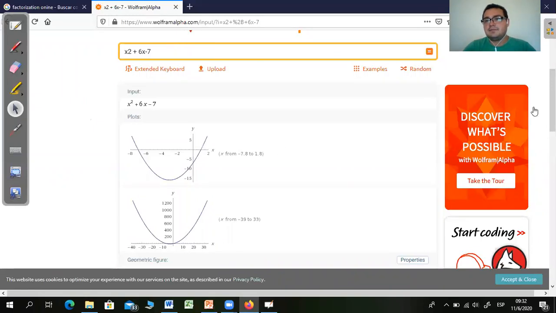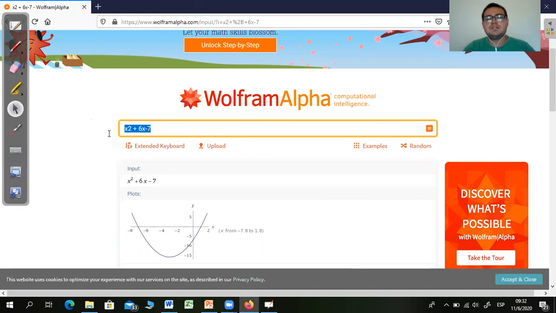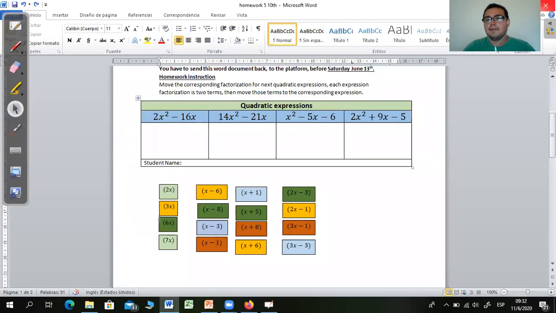Specifically, I'm in the section that factorizes any quadratic expression. You can write in Google "factorization" or "factorize quadratic expression", and you will find many websites that can help you.